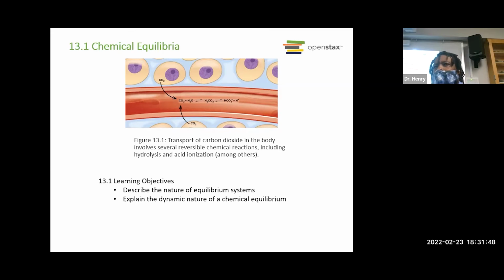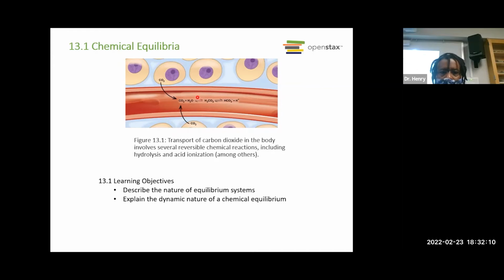If you take physiology, we talked about the production of bicarbonate quite a bit, in terms of balancing chemical reactions. Now these arrows here, you can't see what I'm pointing to, can you?